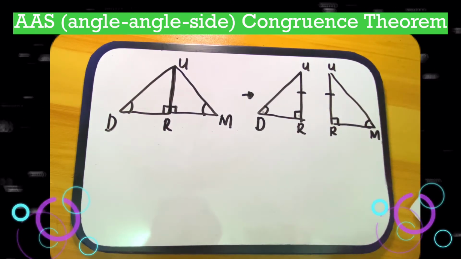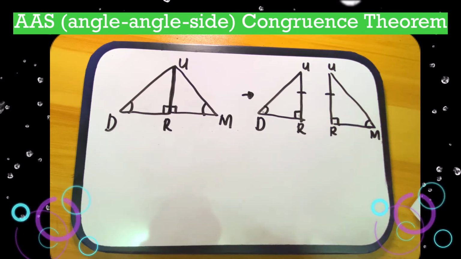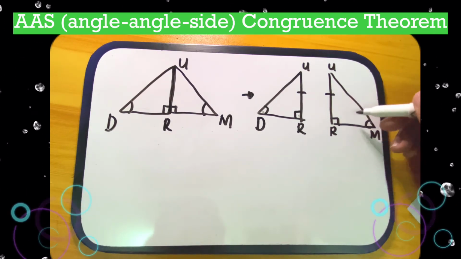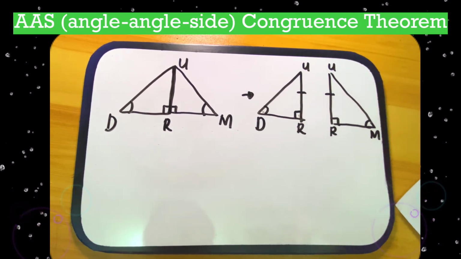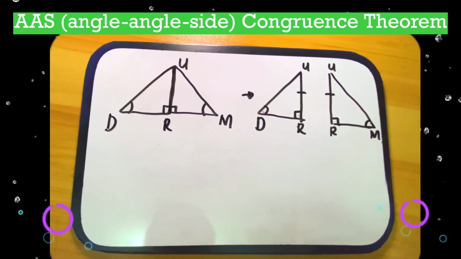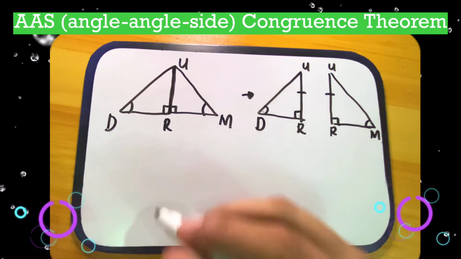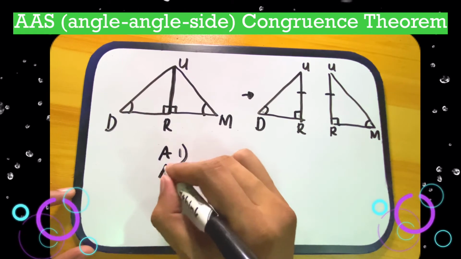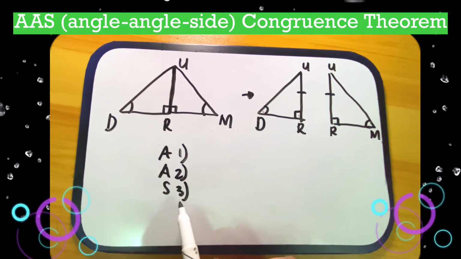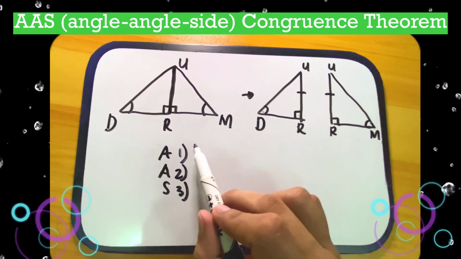If you ask if it is ASA, I should write here DR congruent to RM, but it is not. It is not angle, side, angle, but angle, angle, side, or side, angle, angle. Again, you can write the side on the first statement.